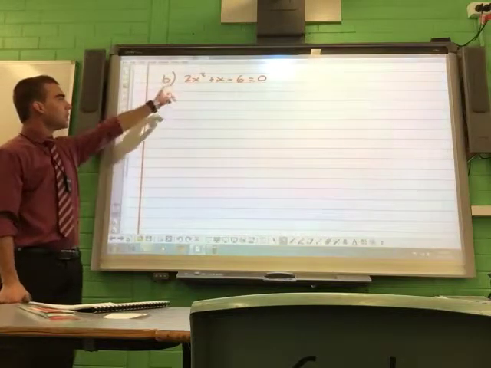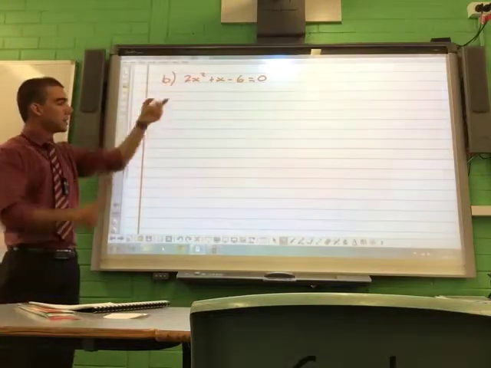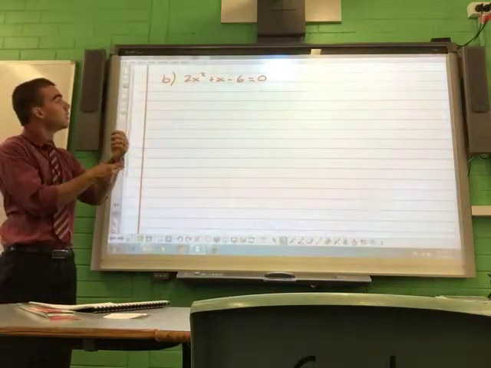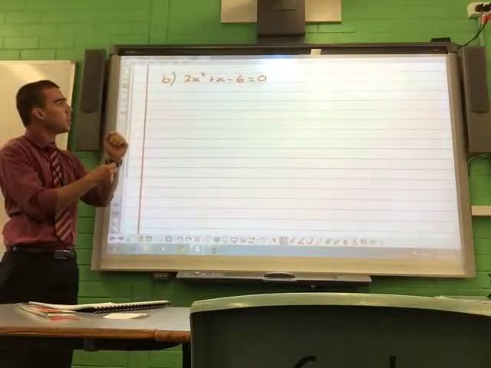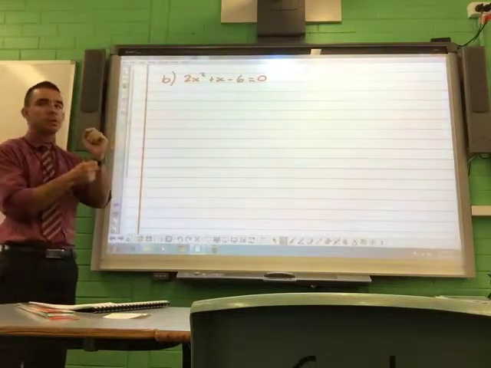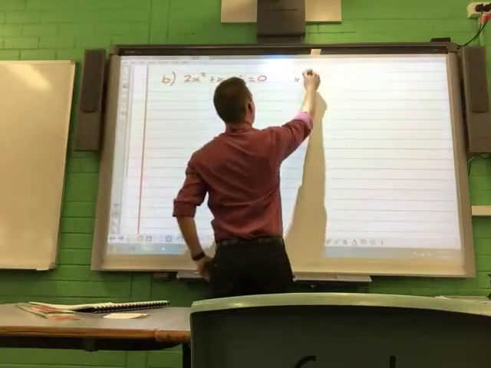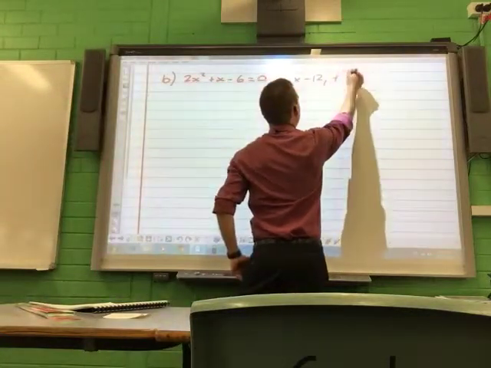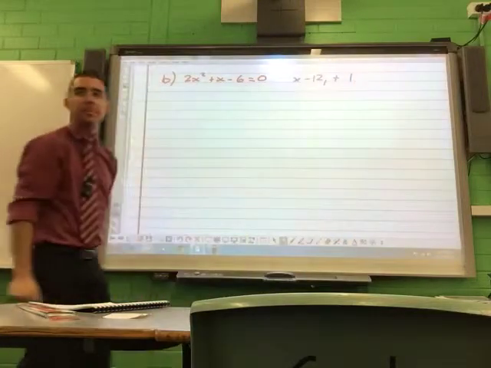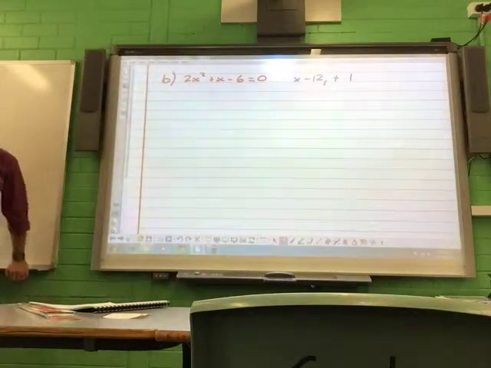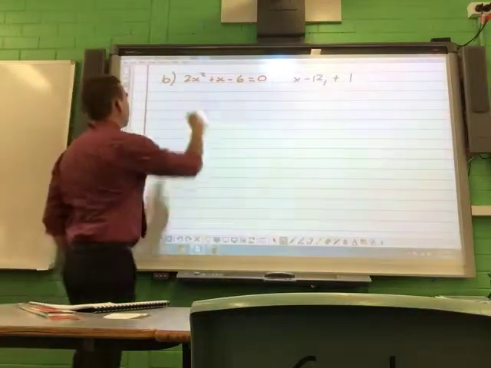I need two numbers that multiply to give 2 times minus 6, which is negative 12, and add to give positive 1. What are my two numbers? 4 and negative 3.